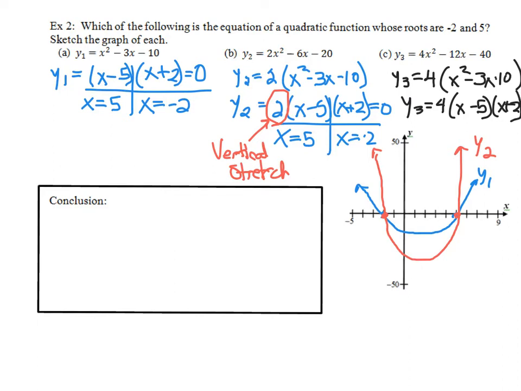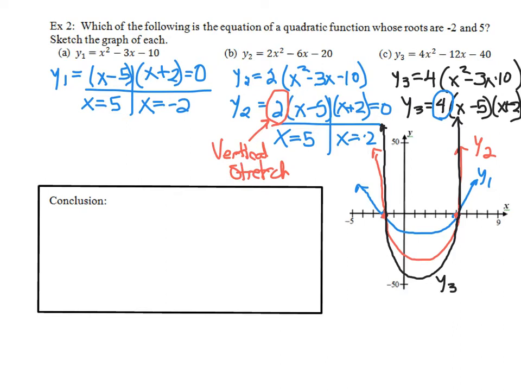But this time my stretch is going to be a stretch of 4. So let's go ahead and graph that one stretched even further. So this parabola is going to look something like this. And the black one is going to be y3.